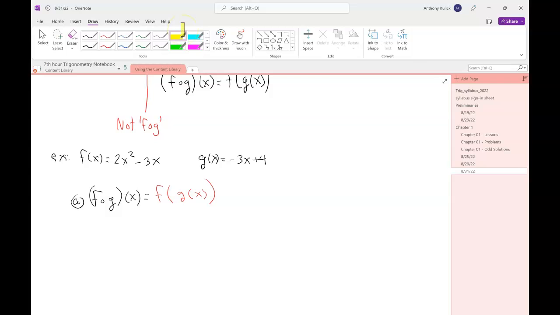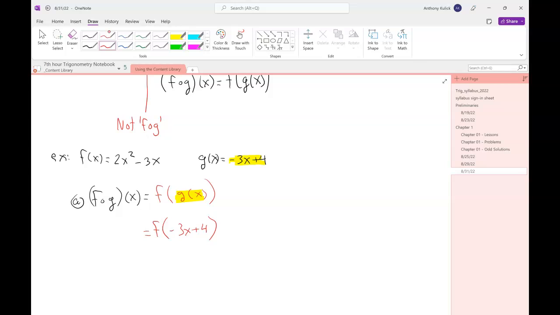And I know that g of x is equal to negative 3x plus 4. That was given to me in the problem. So I'll replace the g of x with the function that it's equal to. And now what do I do when I have something inside of the parentheses in front of a function like that?